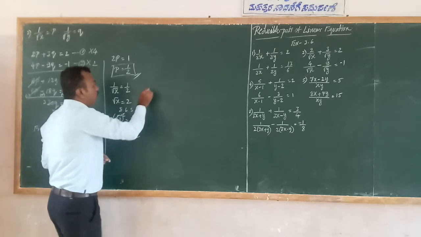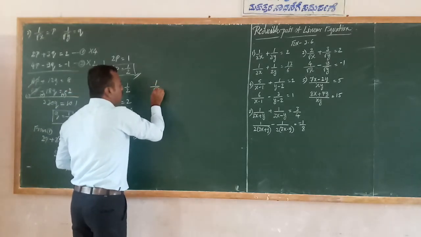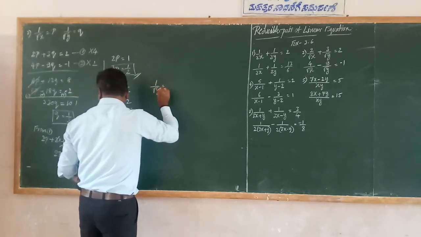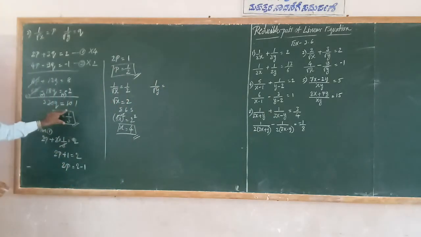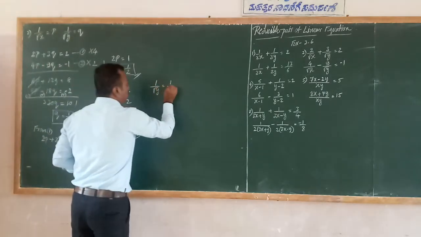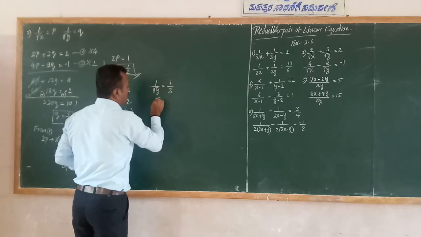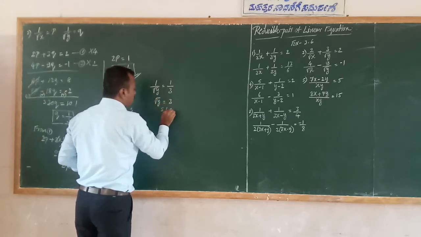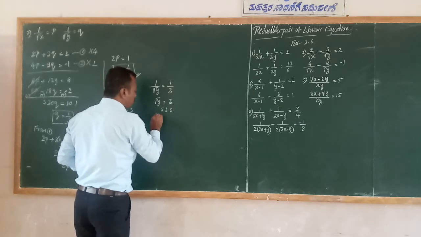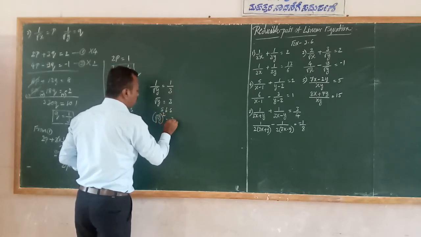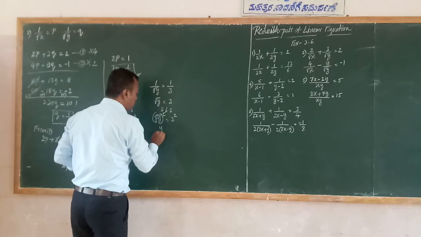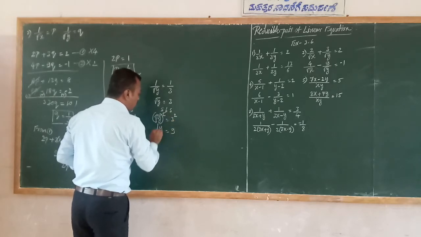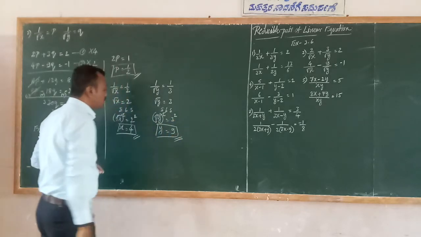Like that, the value of y: 1 upon root y is equal to q, q means how much? Q here is 1 upon 3, okay, again we reciprocate, root y is equal to 3, so squaring on both sides, how much becomes? Root y whole square is equal to 3 square, square gets cancelled, remaining is y, 3 square is 9, the value of y is 9, the value of x is 4.